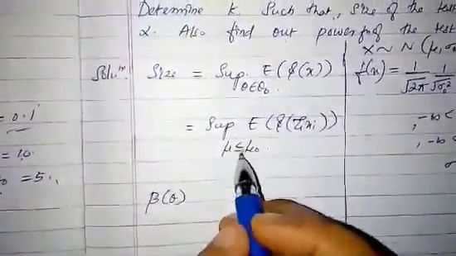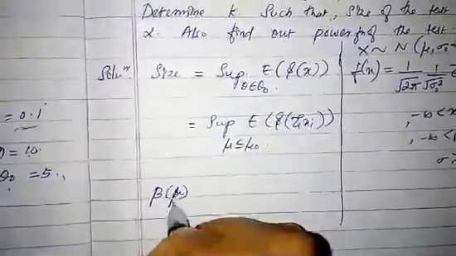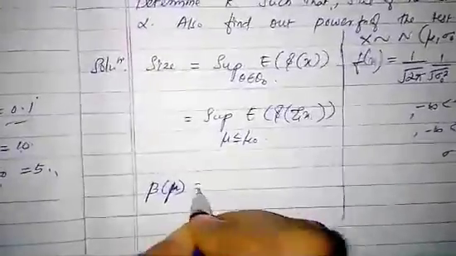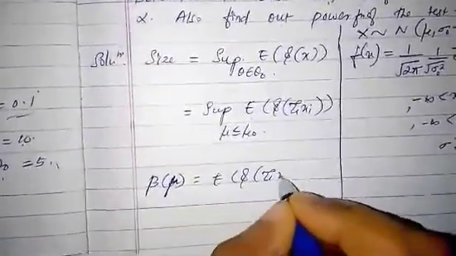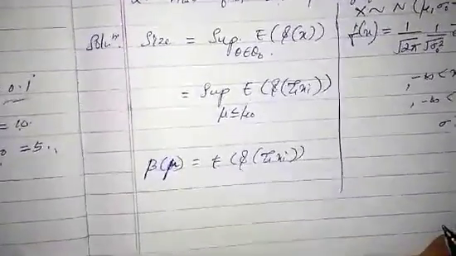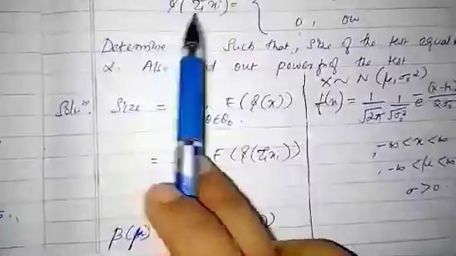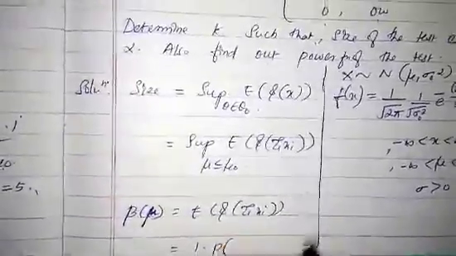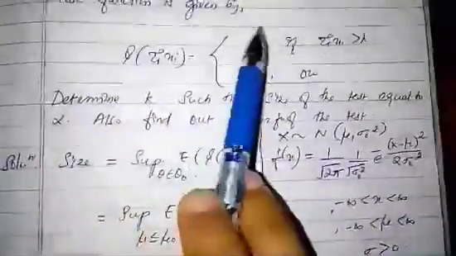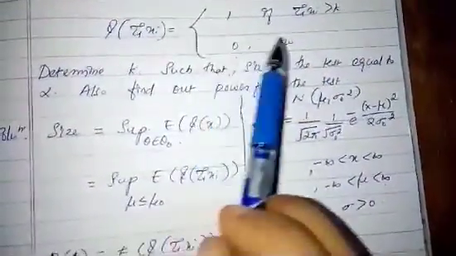In this case the parameter is mu, so we can take beta of mu equal to the expectation of phi of summation xi, which is equal to 1 into the probability of summation xi greater than k, plus 0 into otherwise.